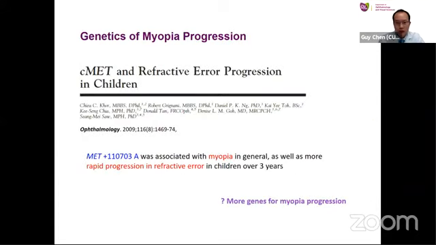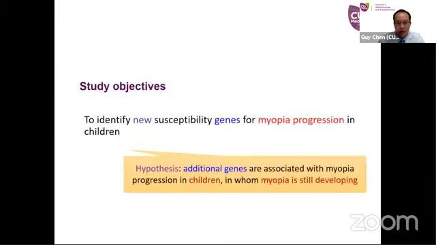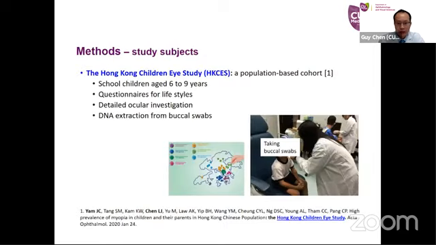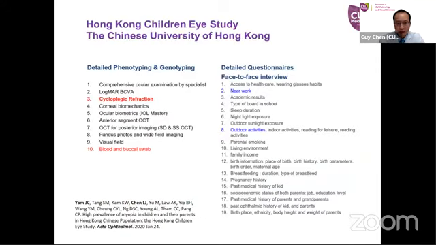When reviewing the literature, there was only one article about the genetics of myopia progression in children, which was reported more than 10 years ago by Professor Saw's group from Singapore. Therefore, we conducted a longitudinal study to investigate new genetic markers for myopia progression in children. We recruited the subjects from the Hong Kong Children Eye Study, and we performed cycloplegic refraction for all children and collected their blood or buccal swab samples.